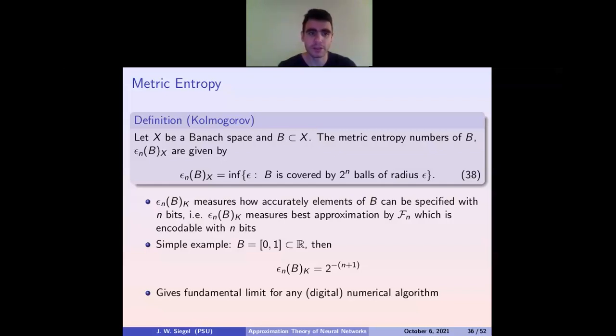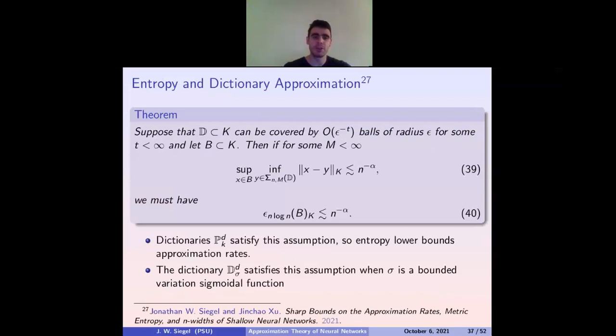Okay, so the relationship between the entropy and this lower bound we have here comes from the following result. Suppose that I have some dictionary which is compact in the sense that it can be covered by polynomially many balls of radius epsilon, and I have some class of functions.